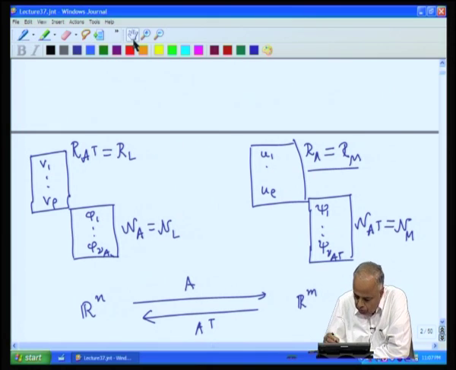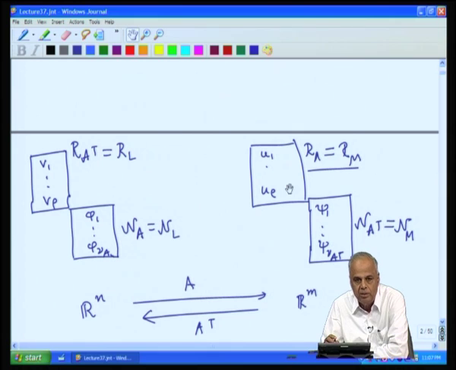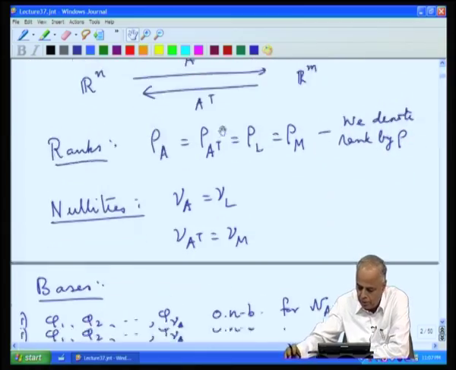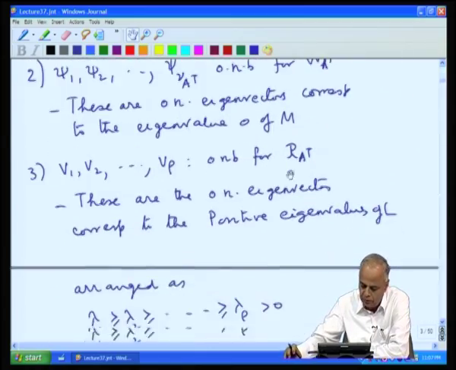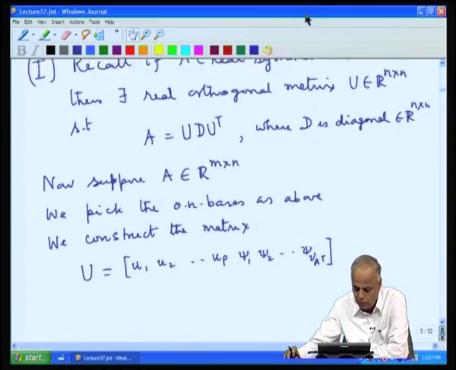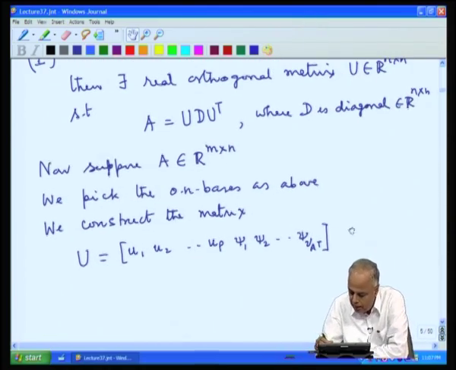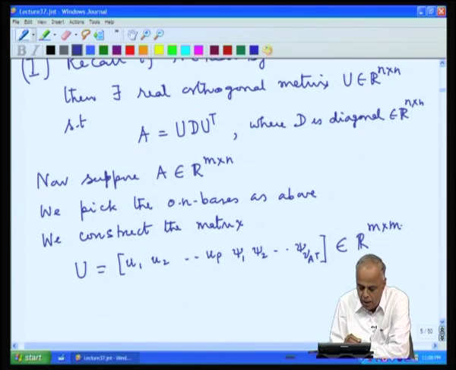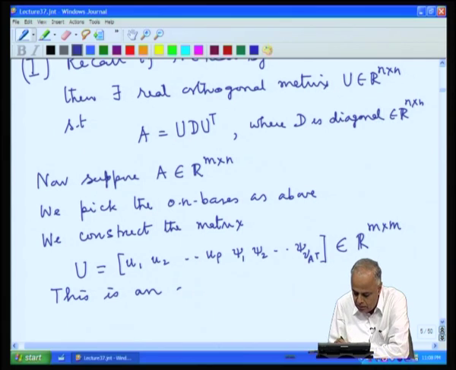Together all these form a basis, each one of them is an m component vector, we have m of them, and we put them all together and have this matrix U. So, this is an m by m matrix.